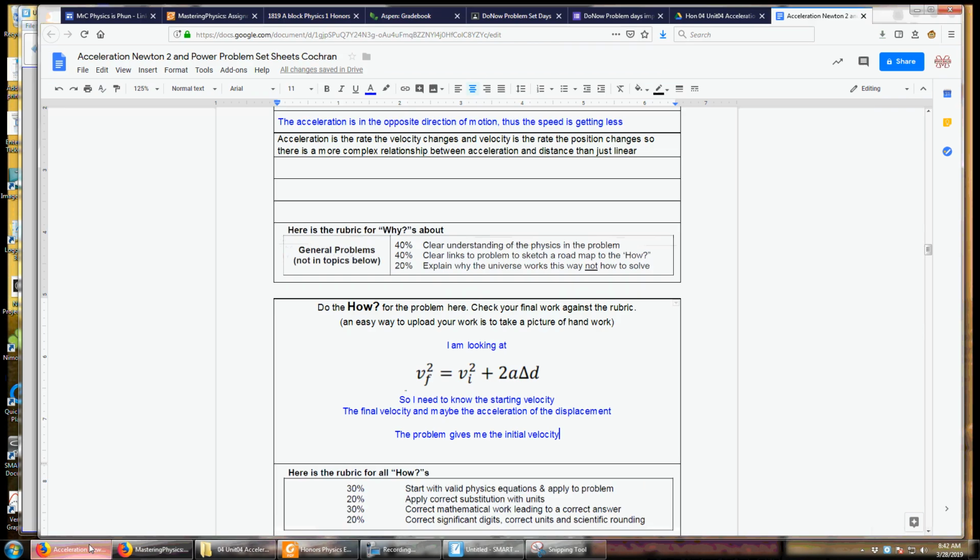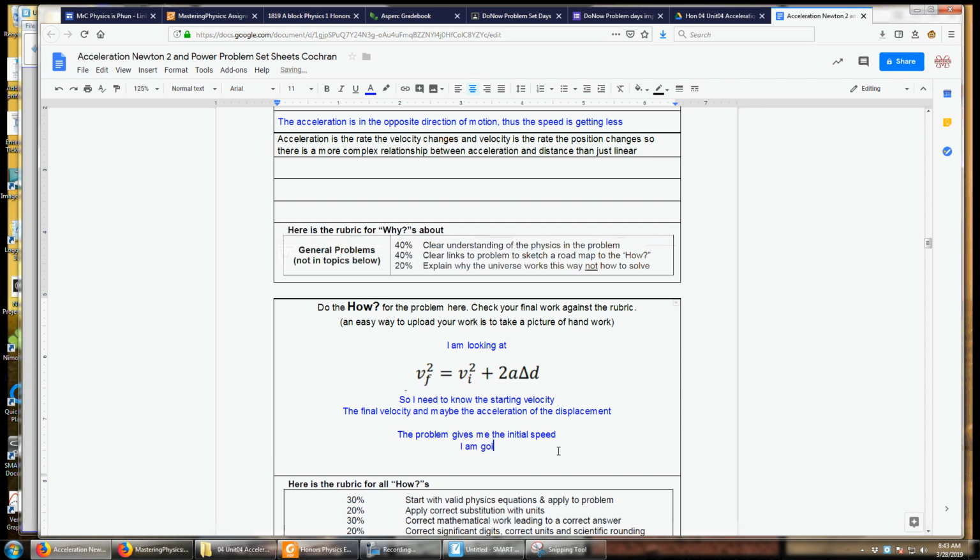Good, good. So, initial speed, I'm going to call it positive, thus my opposite acceleration will be negative.